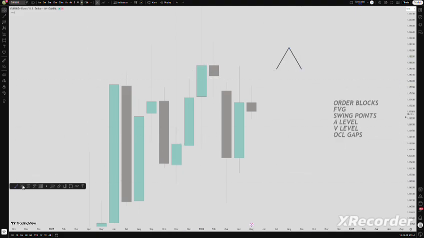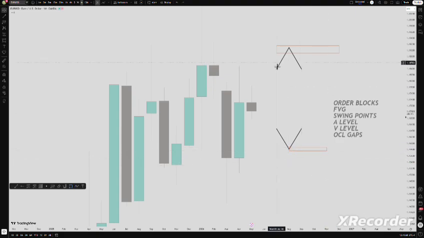Okay, a V level is a point in price where you see the letter V. Okay, what that means in essence is that this point here is a key level, and this point here is a key level.